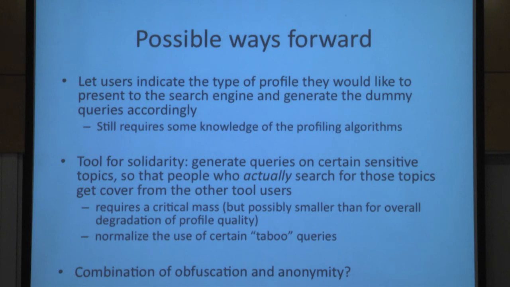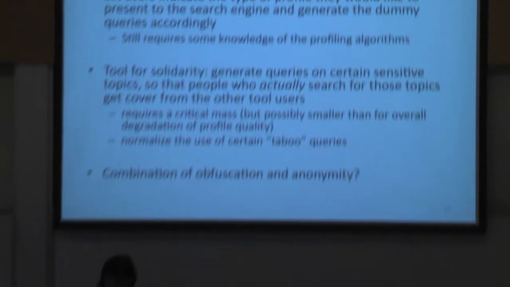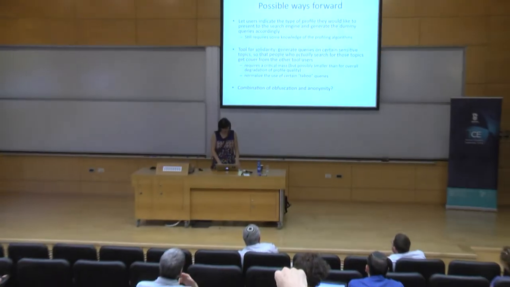So to sort of take out the stigma of certain queries that are sensitive, and show solidarity with those who want to do those searches and provide sort of cover for them. And then, of course, we could also combine this with anonymity, and then we would obtain maybe benefits from both types of technologies. And this is really my last slide about this.